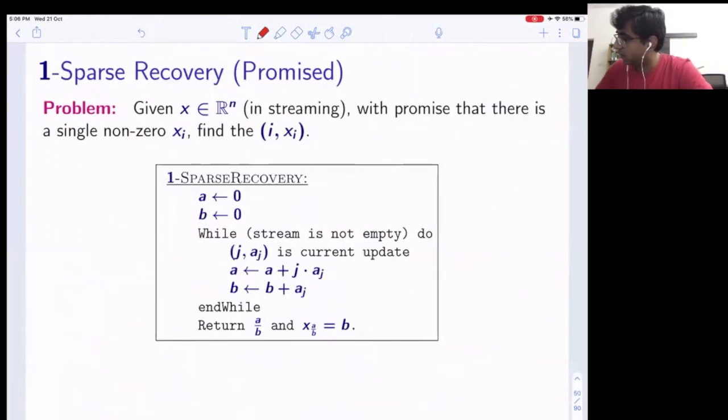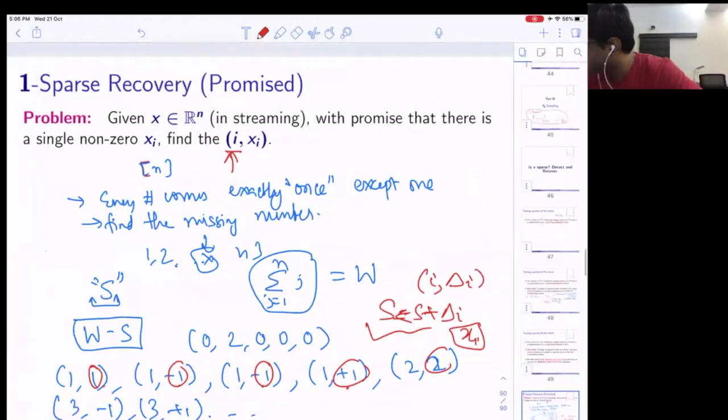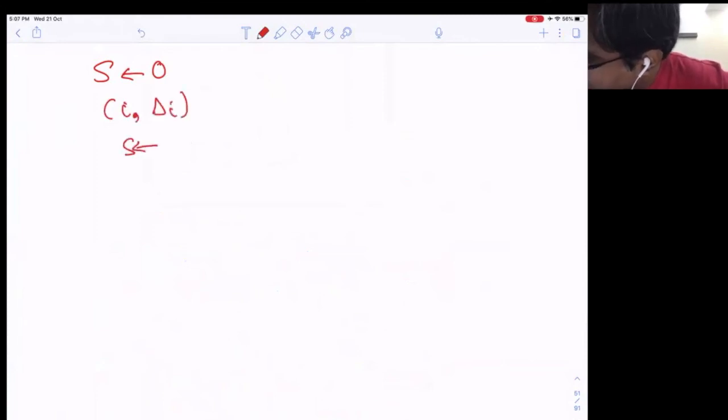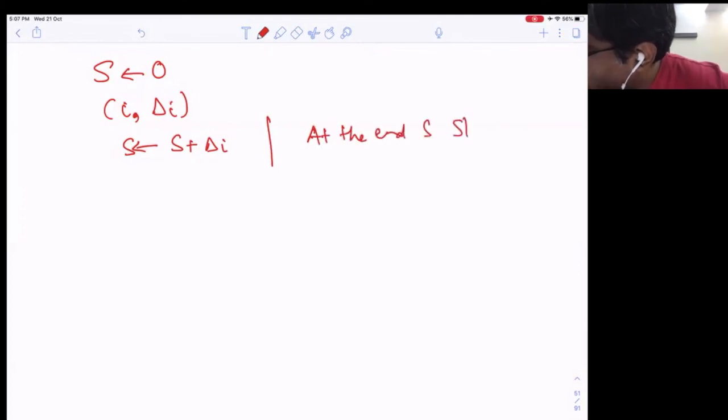So what we try to do at this point of time, we took forward the idea of Piotr for just a sum, okay, and we kept one vector s, right, which was initialized to 0, the sum vector, and whenever we had a change come, ai delta I, what we did is s plus delta I, okay, and I know that at the end s stores the value of non-zero entry.